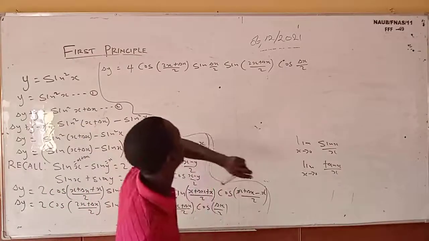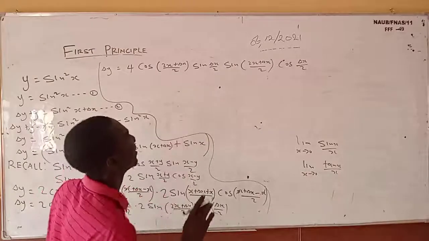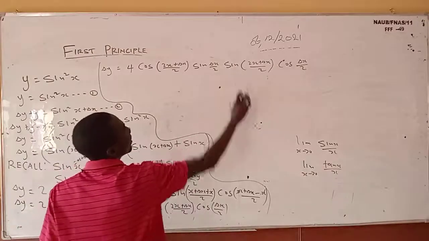Now, we do not have anything in form of cos to divide, so leave cos alone, but we have sine here. So if I'm to divide through by change in S, I will bring my change in S down here.